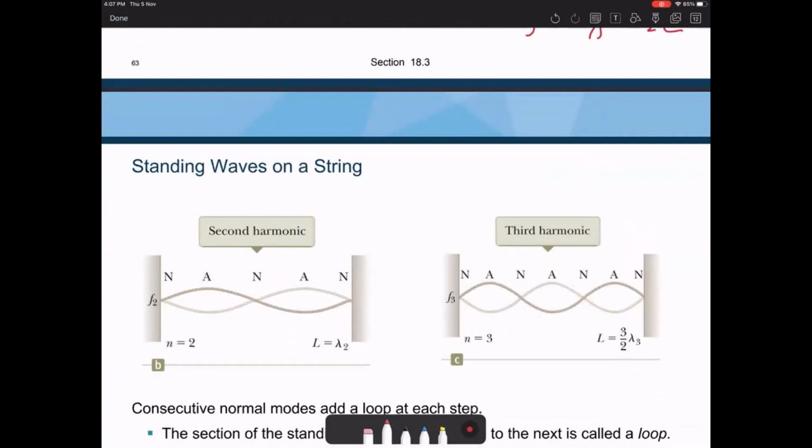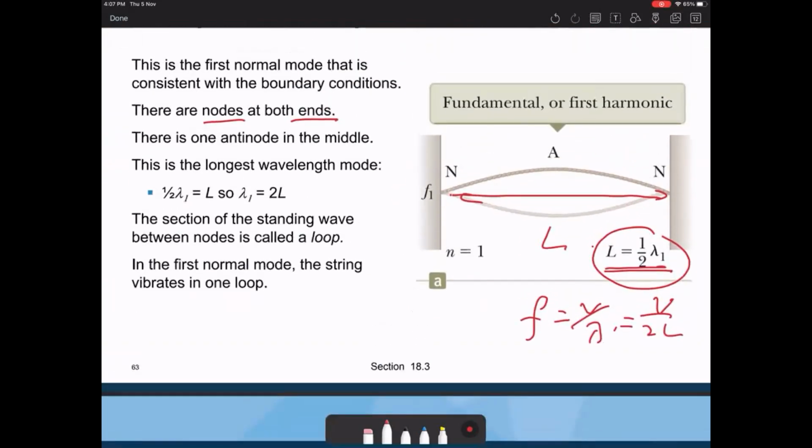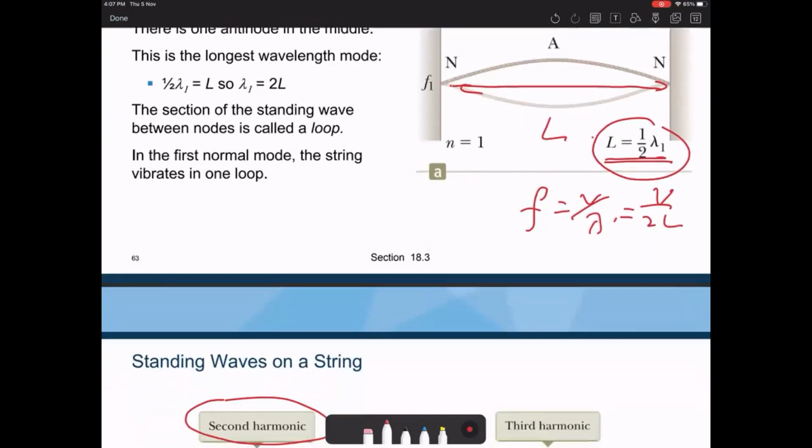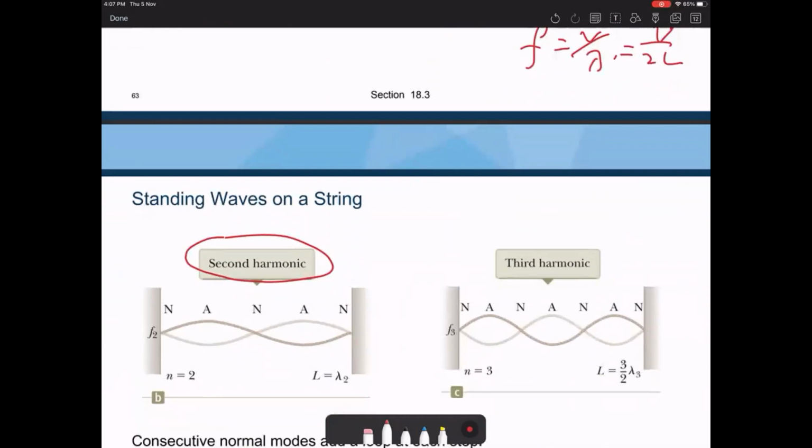So here you have another standing wave pattern. The one on the left-hand side is called the second harmonic, in contrast with the previous one, which is the first harmonic, because firstly, as we'll see later, its frequency doubles that of the first harmonic.